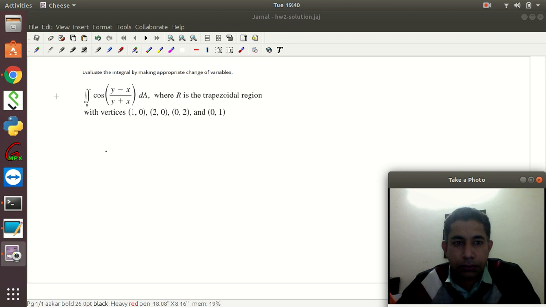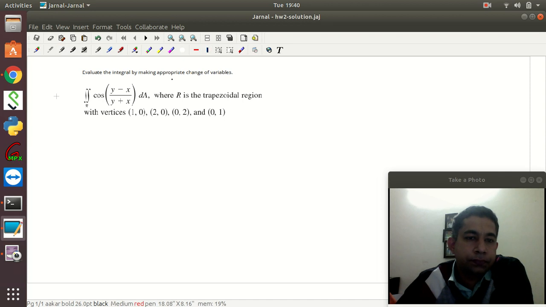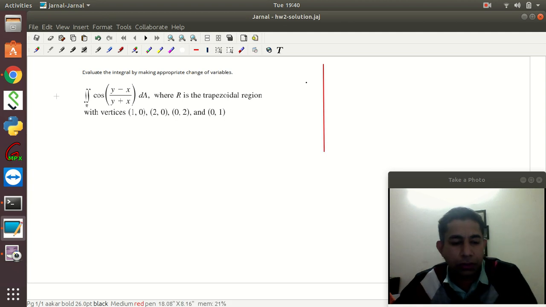Okay, let's see the solution. So we are integrating over a trapezoidal region. Let's draw that trapezoid first. I don't like the red one.